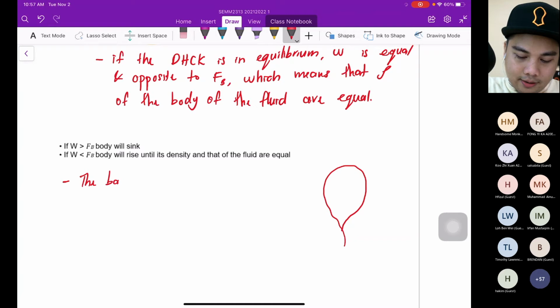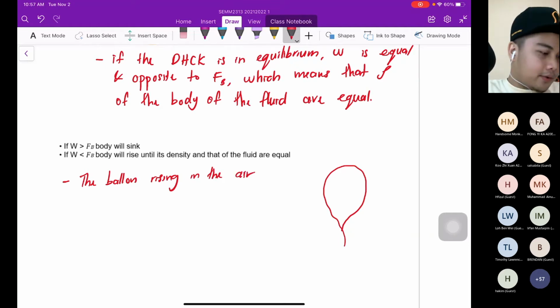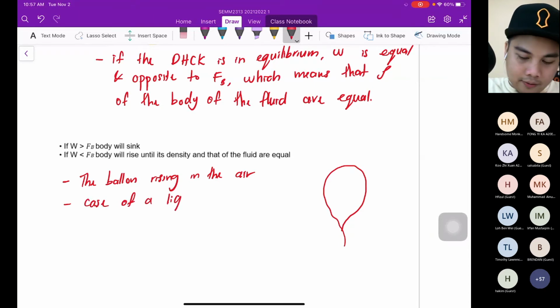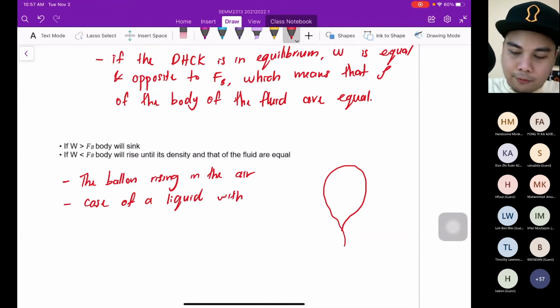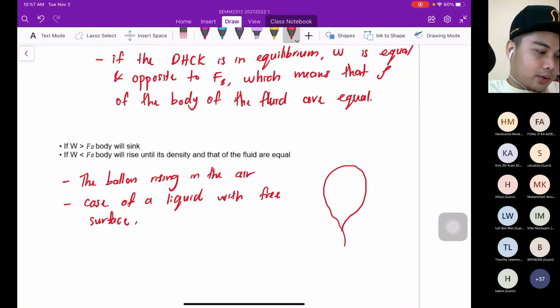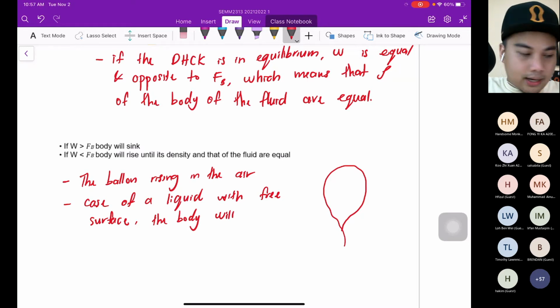The balloon rising in the air. Case of liquid with free surface: the body will rise to the surface.